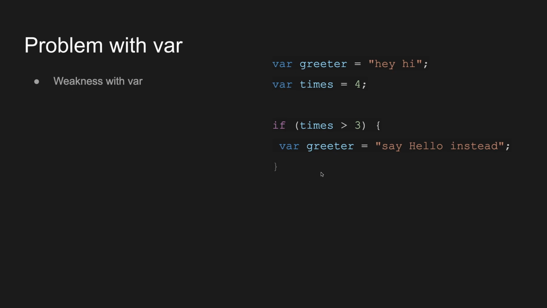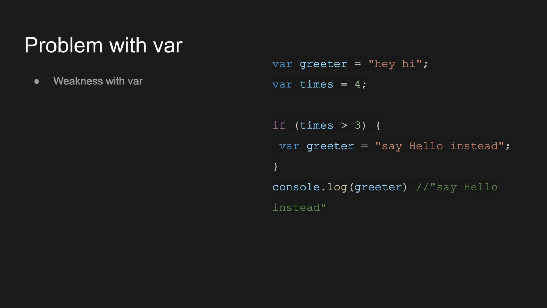Now, the problem with var. There is a weakness that comes with var. I'll use an example to explain this. So here we have a variable greeter and times is 4. Now we have an if condition. Since times is greater than 3 returns true, greeter is redefined as say hello instead.